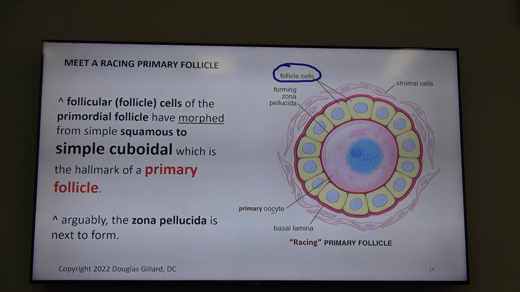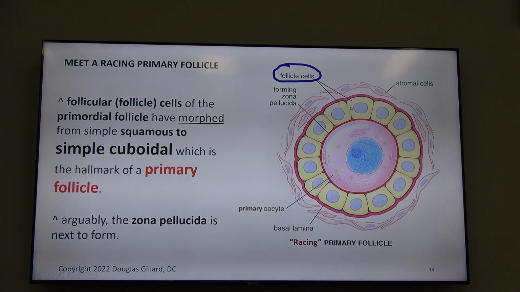All right, let's look at our racing primary follicle. So here's our racing follicle. We can see it still has a single wall. These cells are getting bigger though, but it still has only a single wall of protection. There's our primary oocyte stuck in prophase 1.